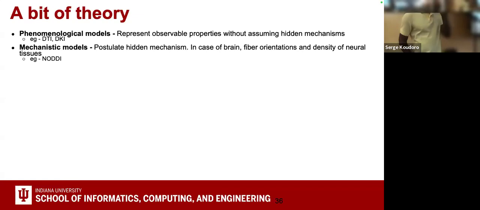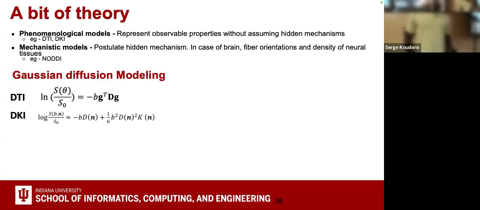These phenomenological models are split in two subcategories. First, you have the Gaussian diffusion modeling, where you have the DTI that I explained just before, and the DKI, another method.